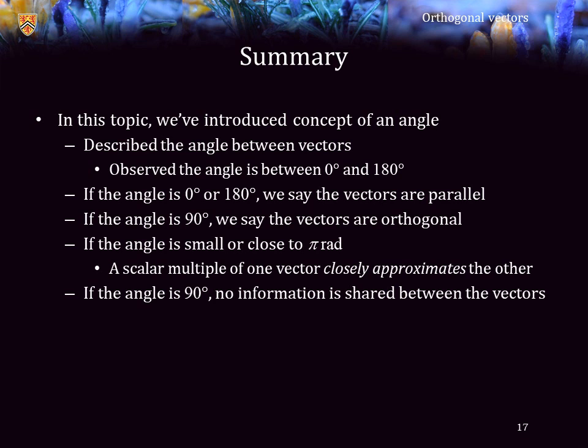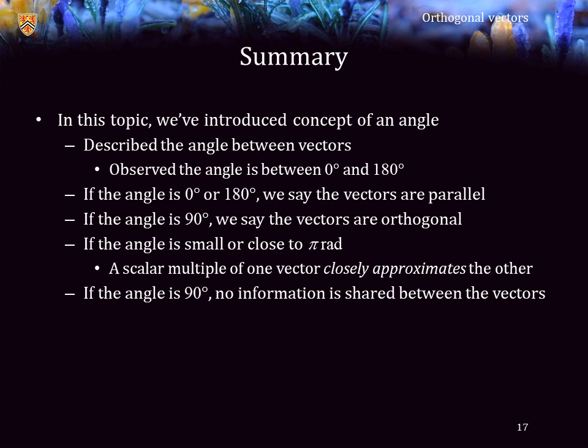So, in this topic, we've introduced the concept of an angle between vectors and, most importantly, the concept of orthogonal vectors. The angle of a vector is some value between 0 degrees and 180 degrees. If the angle is 0 or 180 degrees, we will say that the vectors are parallel. If the angle is 90 degrees or pi over 2 radians, we will say that the vectors are orthogonal or at right angles to each other.